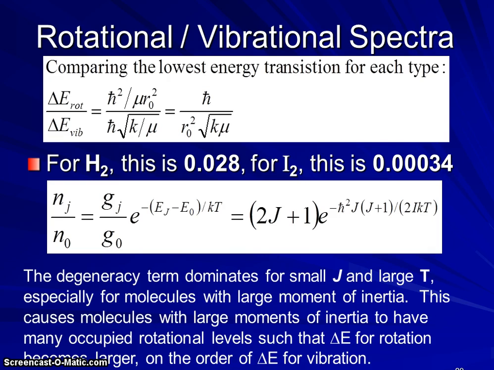And this causes molecules with large moments of inertia, heavy or long radius molecules, to have many occupied rotational levels at room temperature, such that delta E for rotation will become larger and on the order of delta E for vibration.